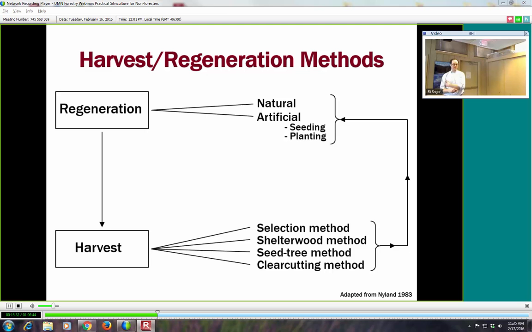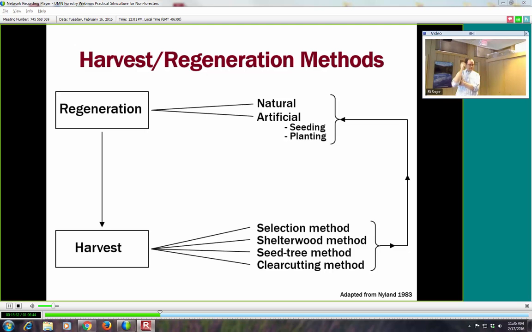So if we think about harvest or regeneration methods, we can think about a few different variables here. We have natural and artificial regeneration up at the top. Natural regeneration relies on seed, either dropped from residual trees, or in the soil seed bank, or provided in another way.